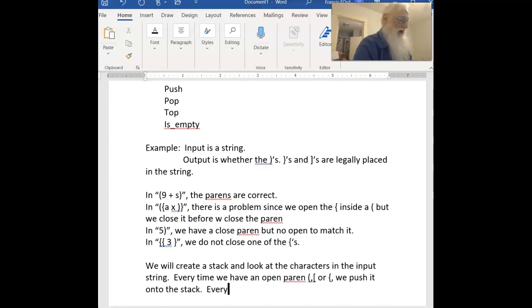Every time we have a close paren, that would be this, this, or this, we compare it to the top of the stack.